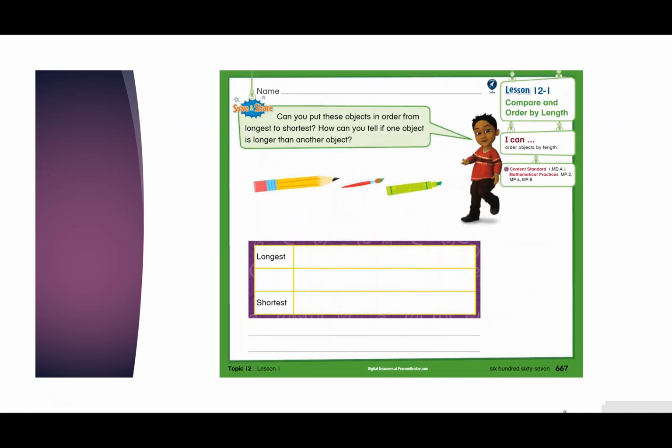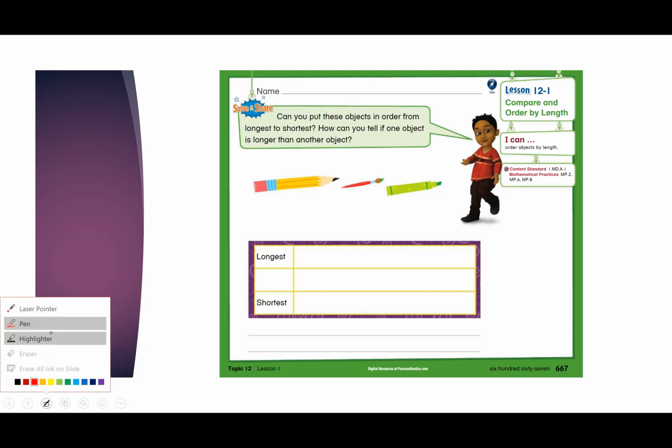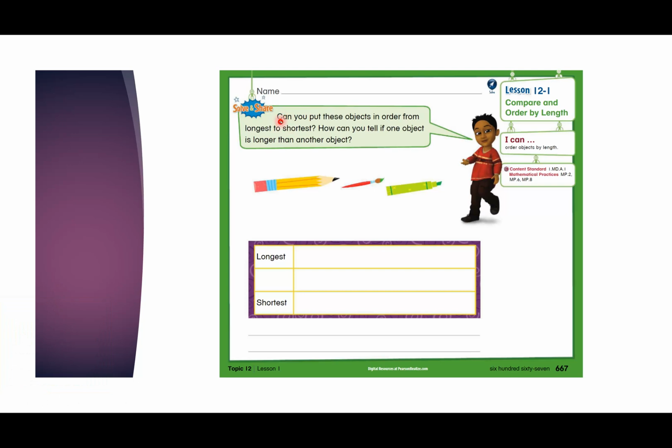Now, I want you to open your book, page number 667. And you remember I told you to take three things: the pencil, the paintbrush, and the marker or pen. Now be ready, okay? The question here: can you put these objects in order from longest to shortest?